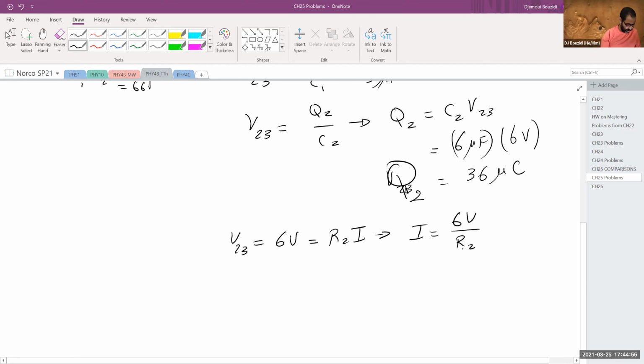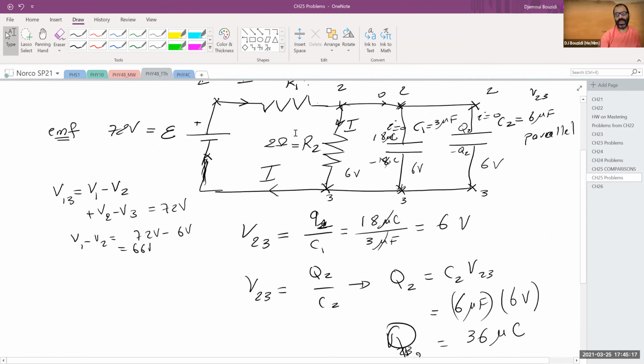And R2 is 2 ohms. So that means it's 6 volts divided by 2 ohms, and the answer is 3 amps. A volt over an ohm is an ampere. So the current must be 3 amps flowing through this entire circuit.